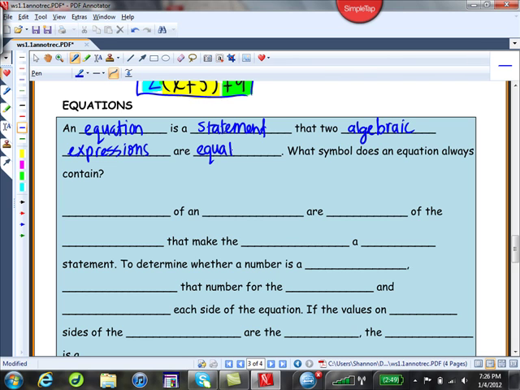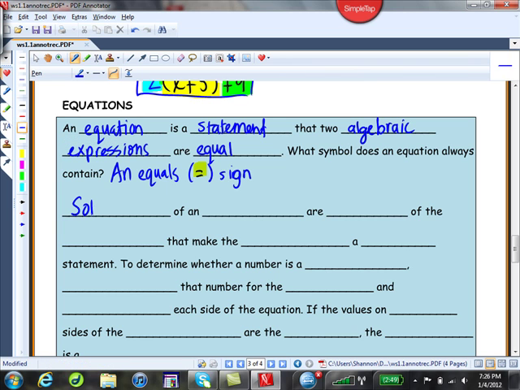So what symbol does an equation always contain? You got it. An equals sign. So this is the equals sign.